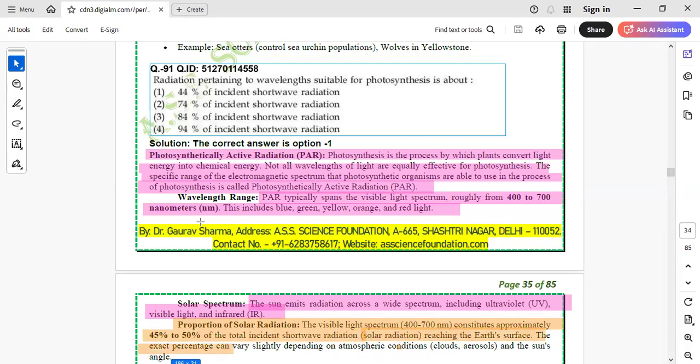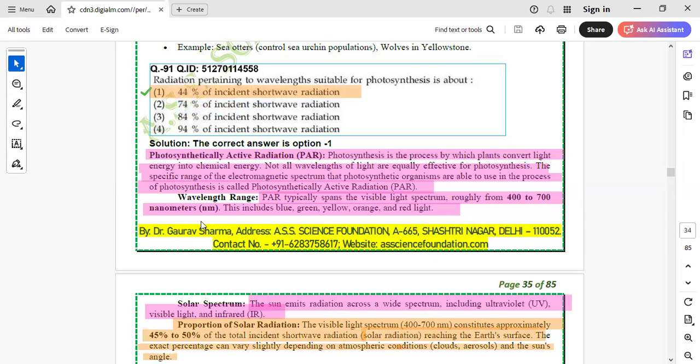The exact percentage can vary slightly depending upon atmospheric conditions, cloud, aerosol, and the sun. So if you go to the nearby option, it is basically 44% of ISR. That is the correct answer. That's why we have chosen the first as the choice in this question.